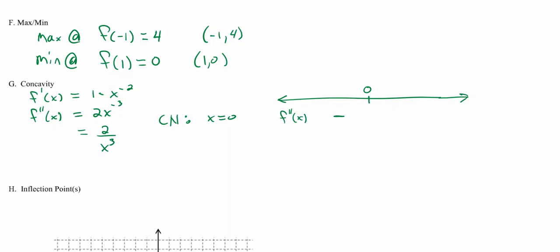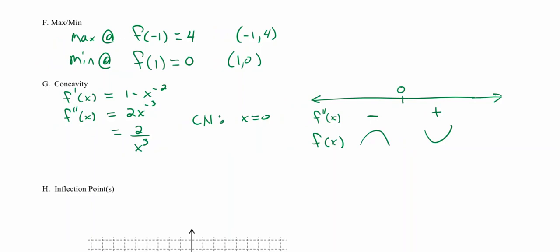So you got -1 into that, or anything more, it's going to be negative. So that means our f of x would be concave down on this side, right? And then on the right side, if you threw in, let's say, a test point of 1, then this is going to be positive on this side. So that means it's going to be concave up on this side. Okay? So even though 0 isn't an inflection point, it'll still change which way it's concave up and which way it's concave down. So that's it. So point of inflection, I already kind of went over that. It does not exist.